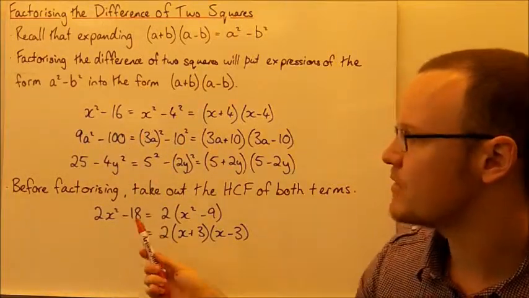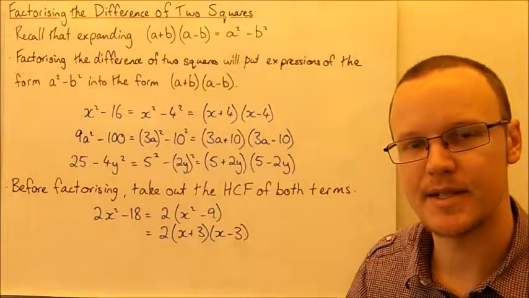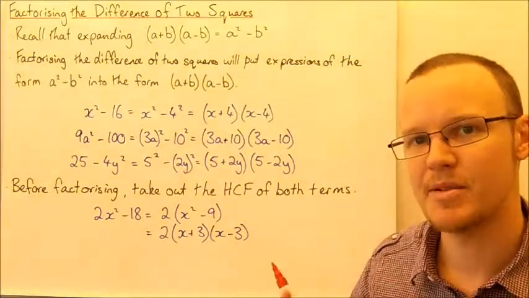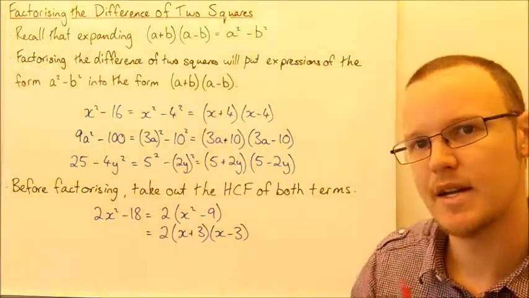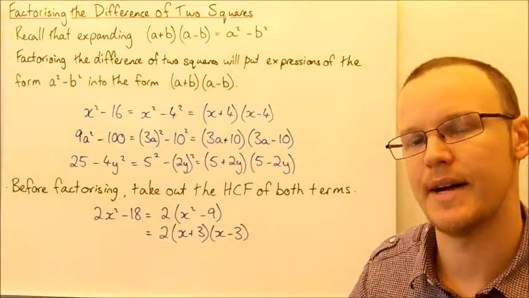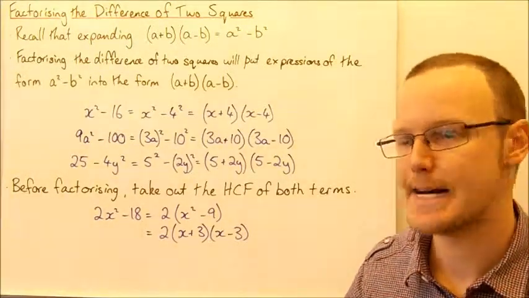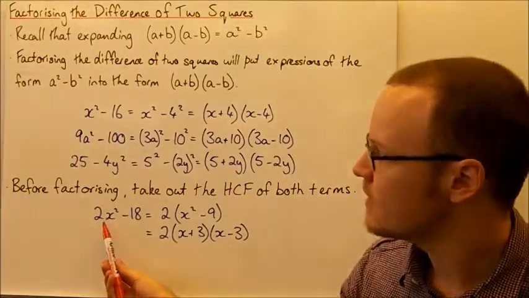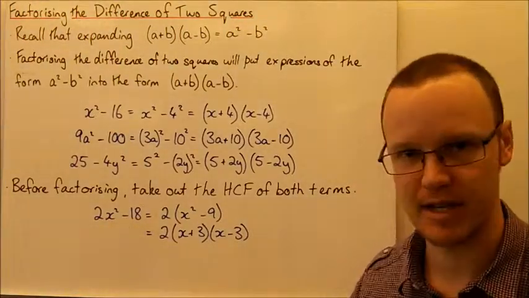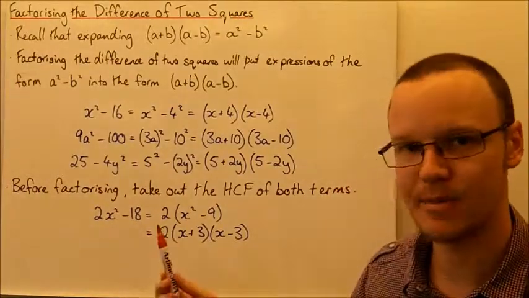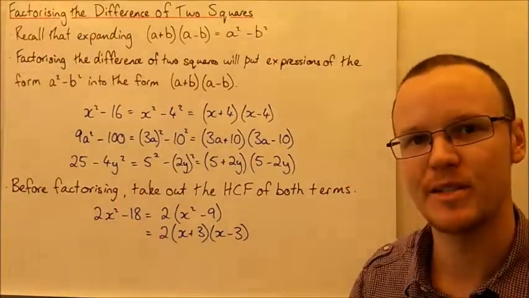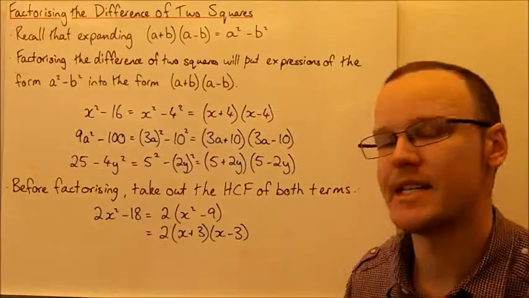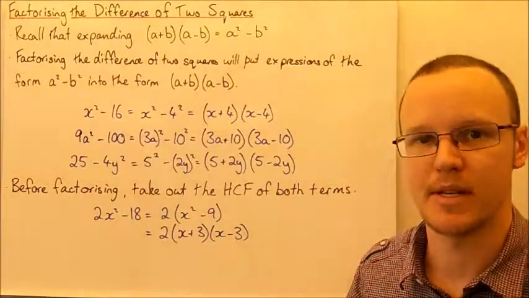But if we have one that isn't perfect squares, we need to make sure we find the highest common factor and remove that in order to start the factorisation process. So here, neither of these are perfect squares. 2x squared isn't a perfect square because 2 isn't a perfect square, and 18 isn't a perfect square either.